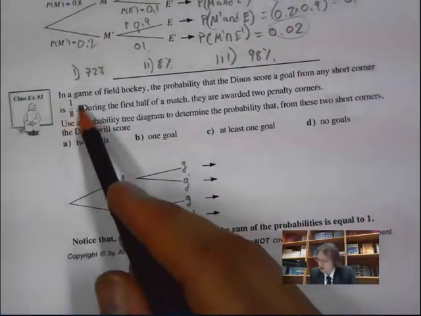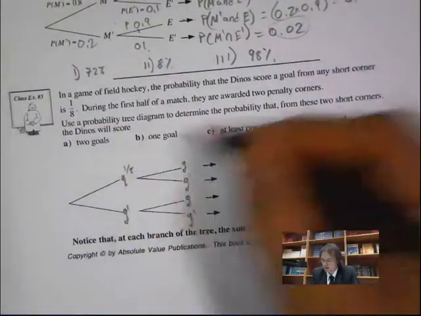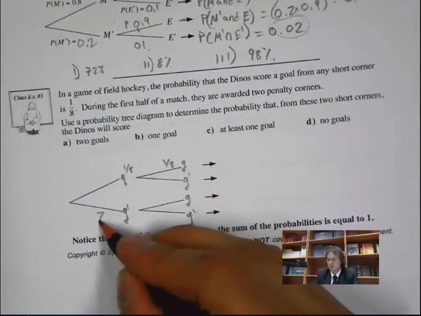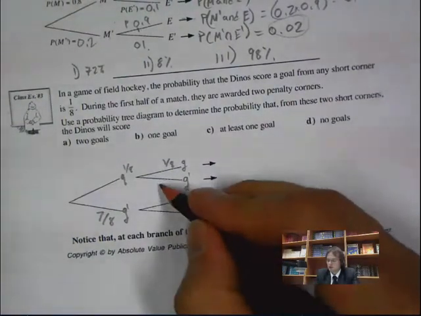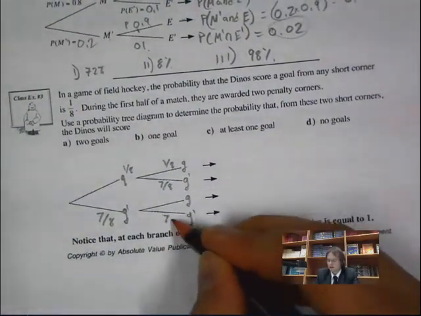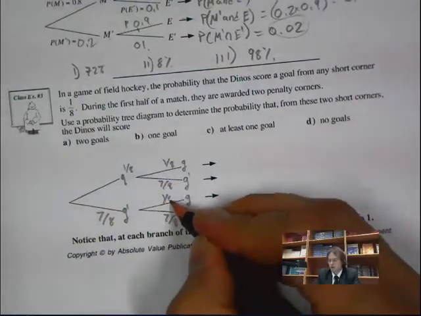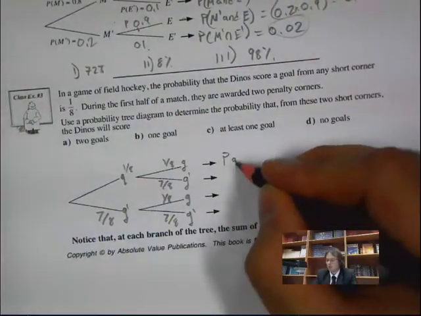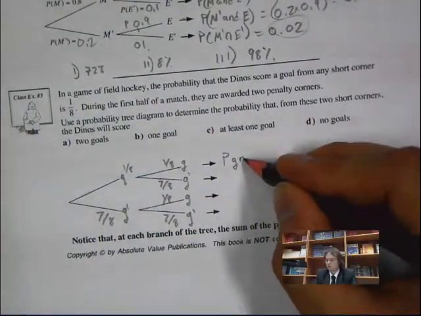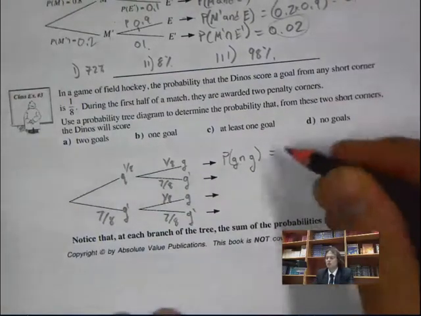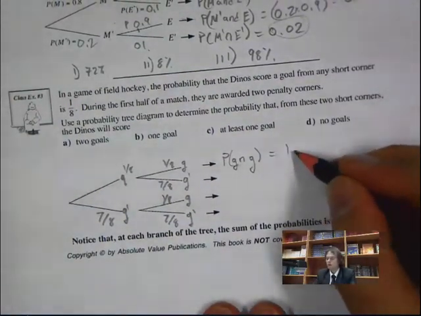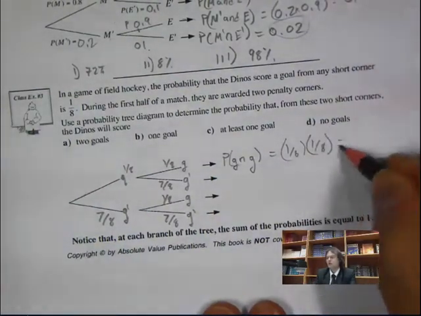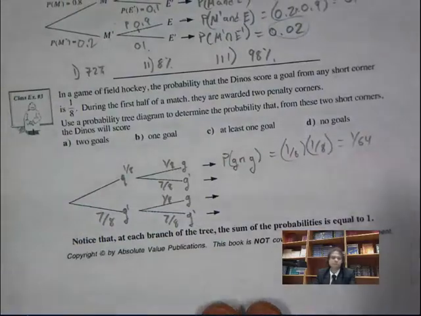So the probability from a short corner, this is 1 in 8. This here is 1 in 8. Okay? The probability of not getting it must be 7 in 8. So this here is 7 in 8, 7 in 8 every time it says not, and 1 in 8 every time it says goal. So I continue this. This is the same as probability of goal and goal, which is equal to 1 over 8 multiplied by 1 over 8, which is the same as 1 over 64.